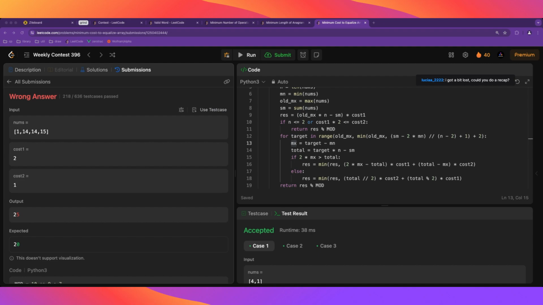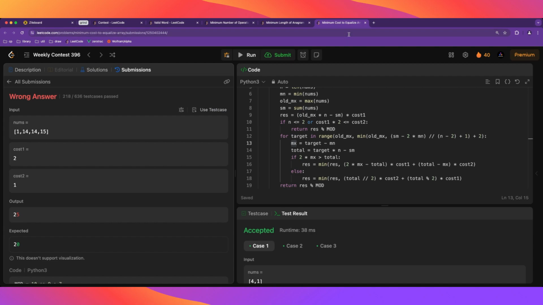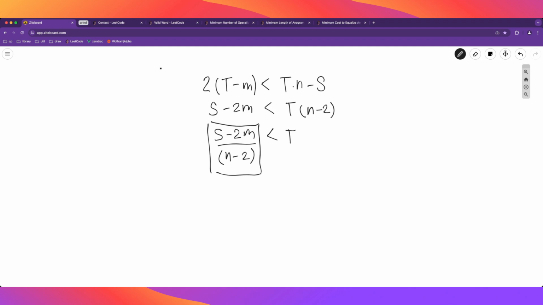I got a bit lost. Could you do a recap? Yes. Can you tell me how, where, more or less, you got lost? So first I explained how we can find the minimum cost once we know what the target value is.